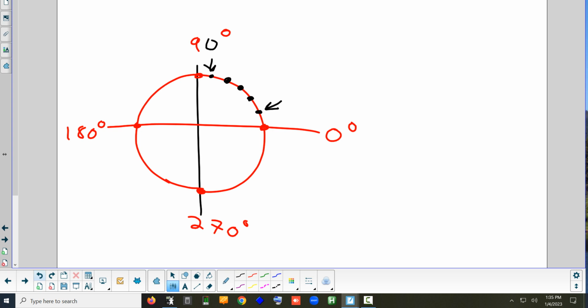But does anyone have a guess, if this is 30, this is 45, and that's 60, what those other 2 would be? Yep, 15 and 75. So to have everything spaced equally, you'd have to be doing the 15, which is right there, and the 75, which was right there.